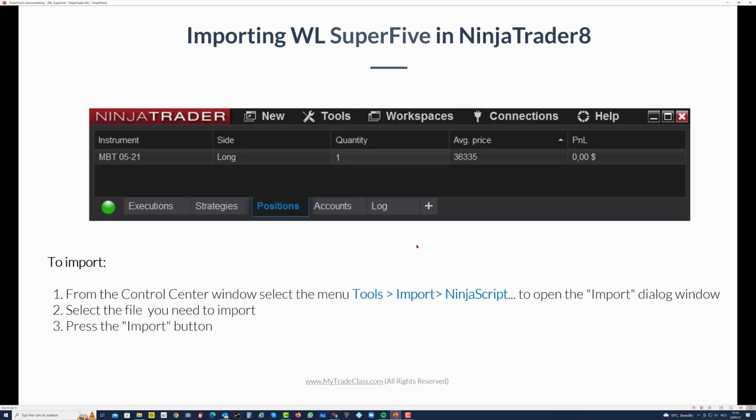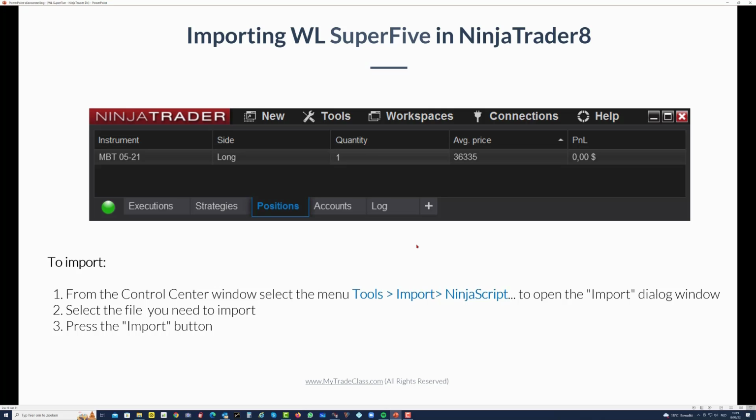Now I will show the tool on the trading platform, just explaining how this works. People who buy this tool from my website, I will send them the file, which you can import via the control center in NinjaTrader, under tools. It's a NinjaScript, and that is very simple to do. It's immediately imported into your system.